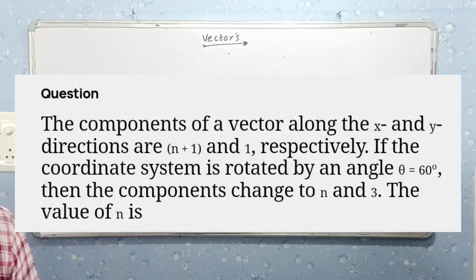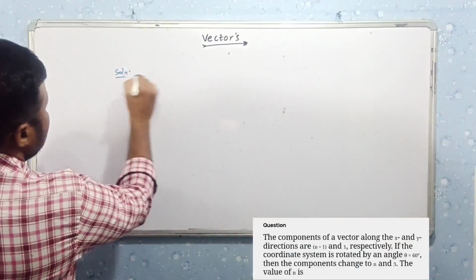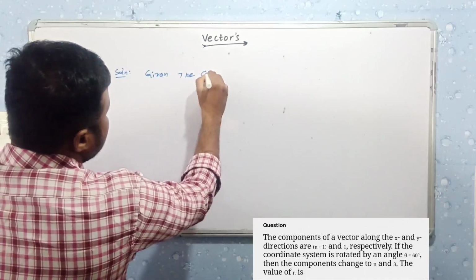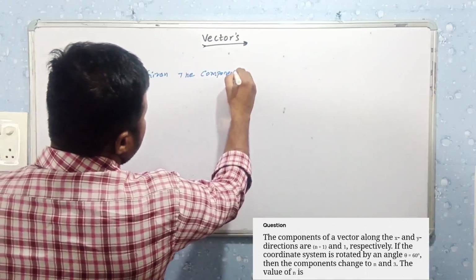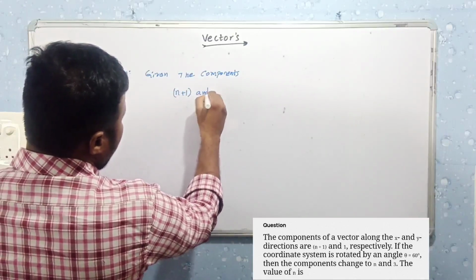The components of a vector along the x and y directions are n plus 1 and 1 respectively. If the coordinate system is rotated by an angle of 60 degrees, then the components change to n and 3. Find the value of n. According to the data given, the components are n plus 1 and 1.